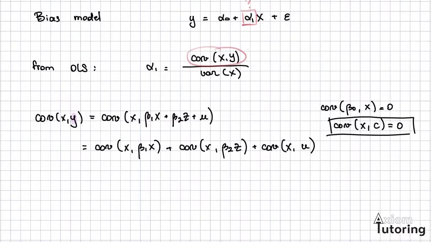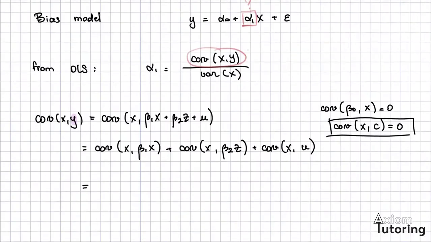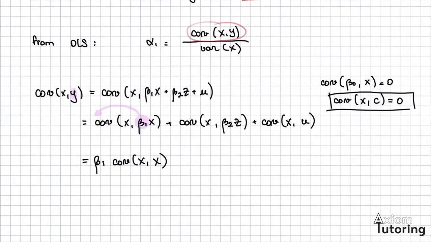From the first part, using again the linearity of the covariance operator, we can send the beta 1 in front, so I can write this as beta 1 times the covariance of x with x. The rule I am going to use is that the covariance of x and x is simply the variance of x.